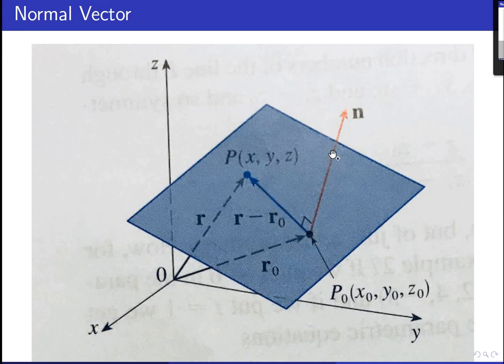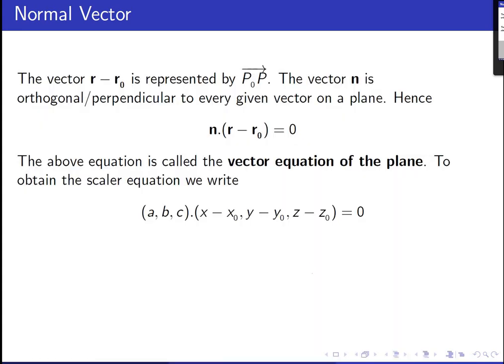But then a norm is this red line here, which is clearly perpendicular to r minus r naught, hence it's perpendicular to the entire plane. So that's our normal vector. It's perpendicular to r minus r naught, which makes it automatically perpendicular to the plane, because r minus r naught is a line that lies on the plane.